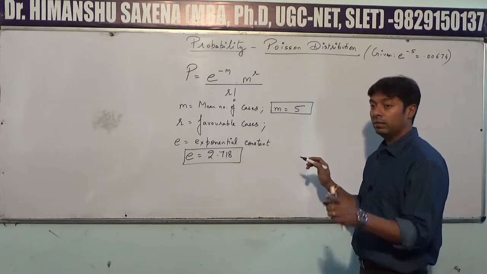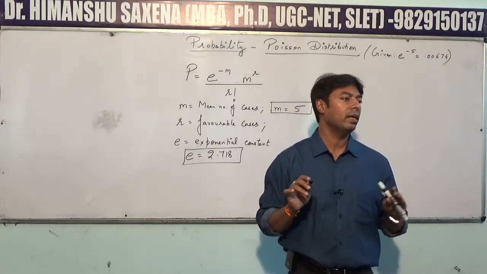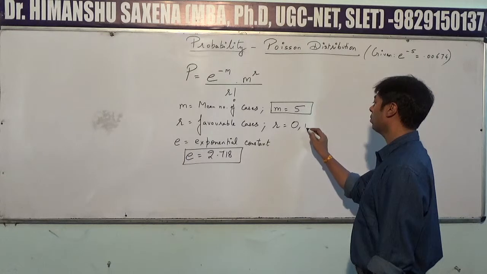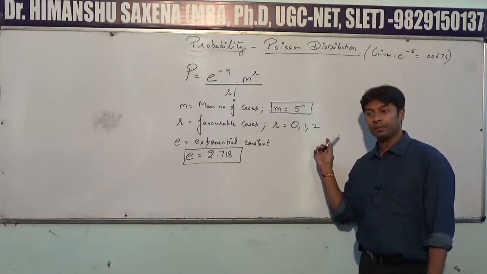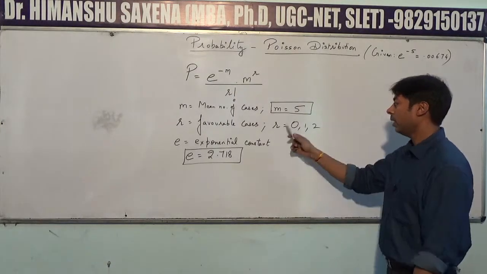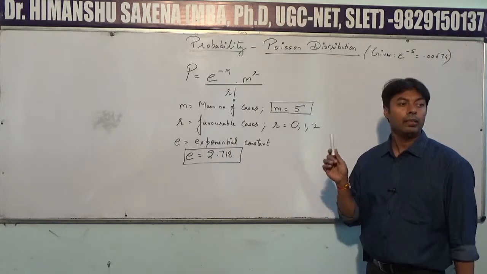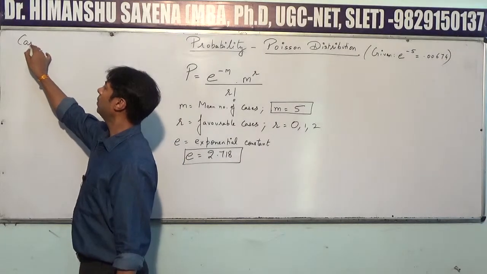For r, we are asking you the probability of less than 3 birds being killed in a week. So the value of r will be either 0 or 1 or 2, since it should be less than 3. Now we are going to solve each case one by one.